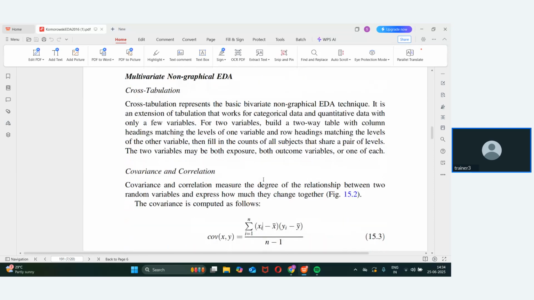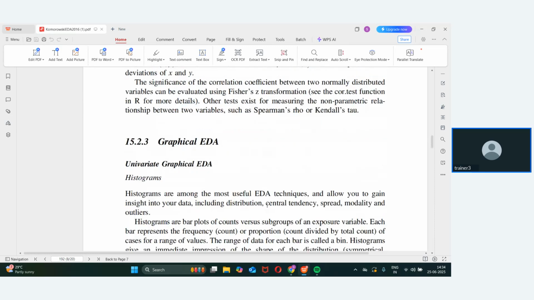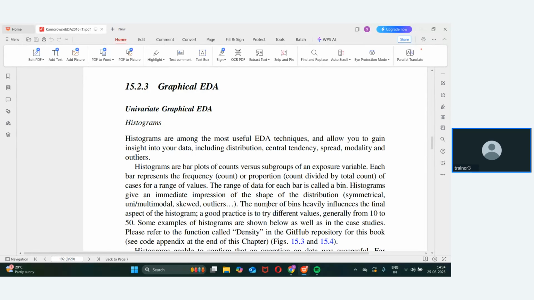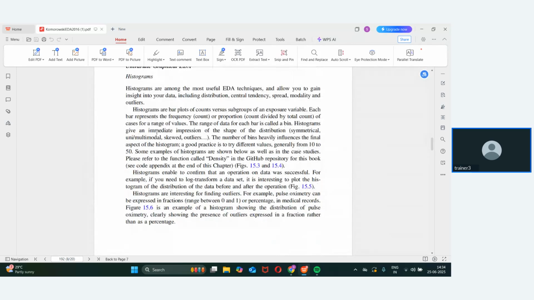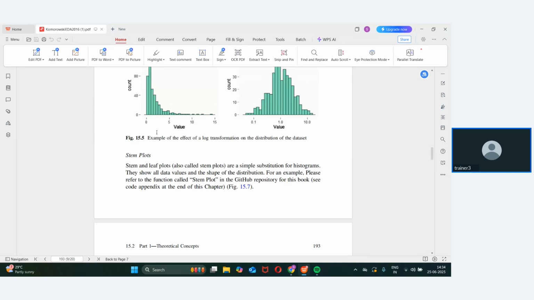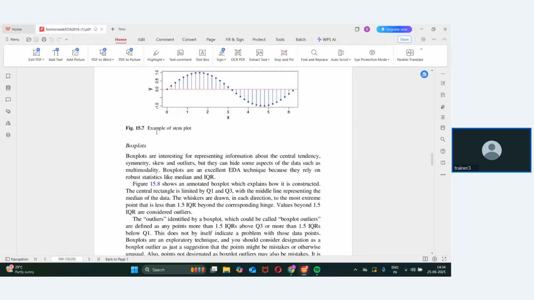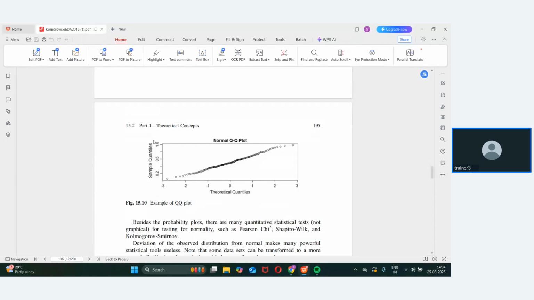So next, coming to multivariate. Before going to that, we will look at univariate graphical EDA. As I've just mentioned, what all come under this: histogram, stem plot, which is one of the other types, box plot and line plot.